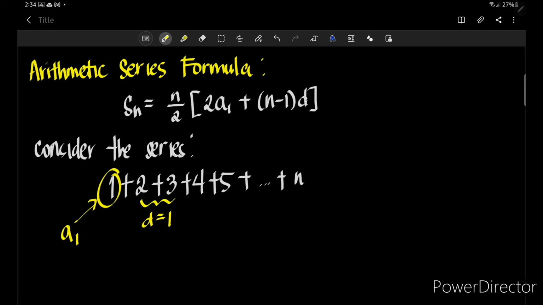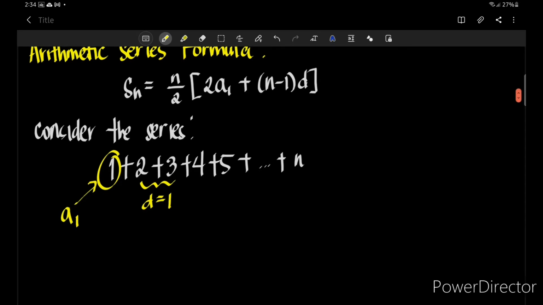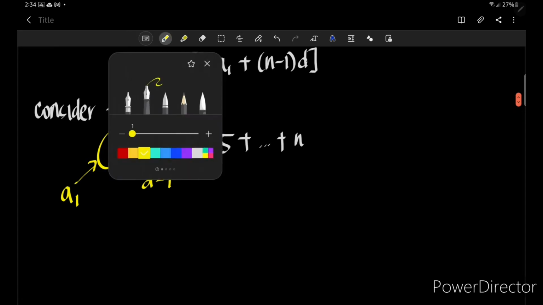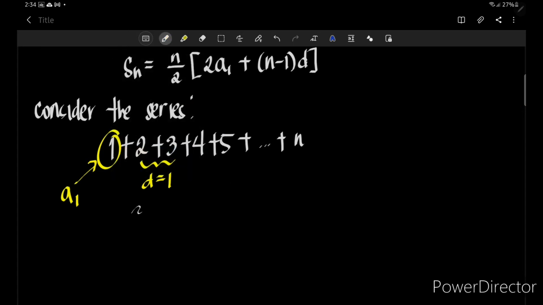Okay. Then gamitin natin yung arithmetic series formula to determine the general form ng ating series. So magkakaroon tayo dito ng S sub n. Okay, so gawin natin to by arithmetic series.